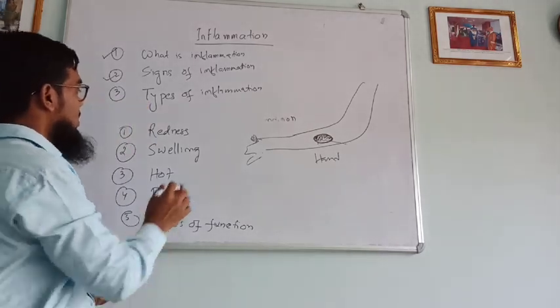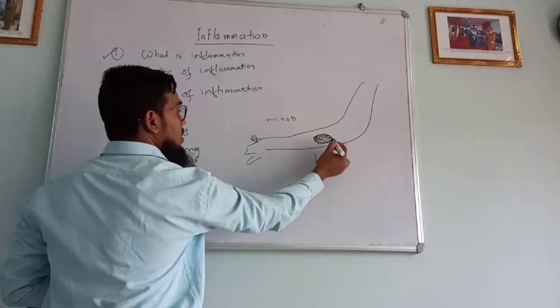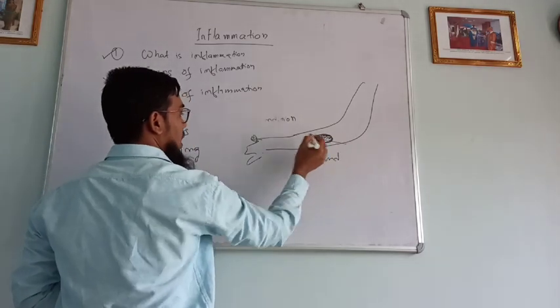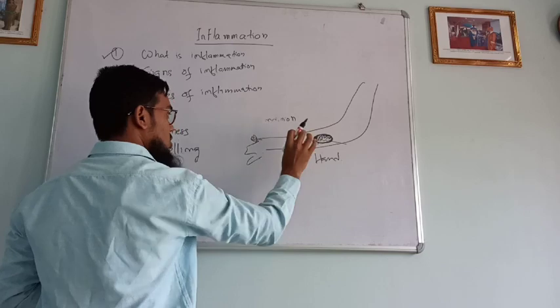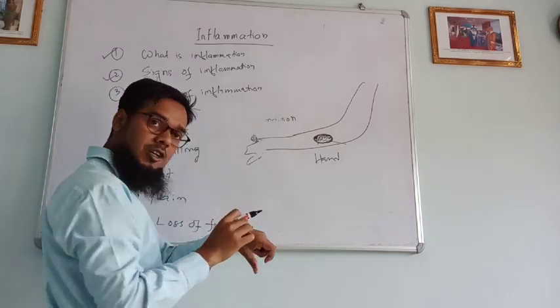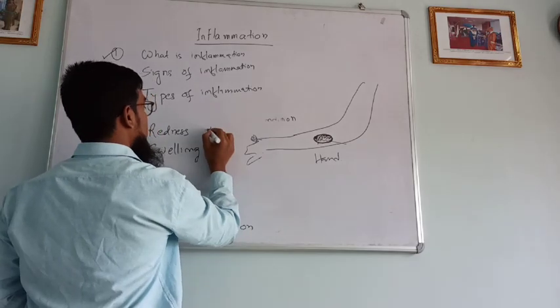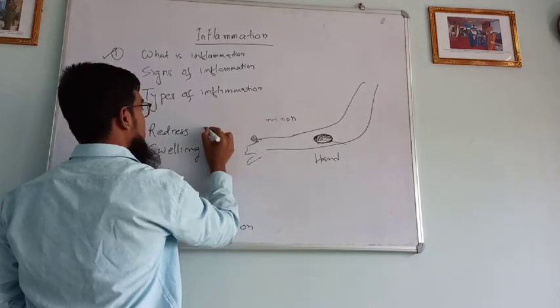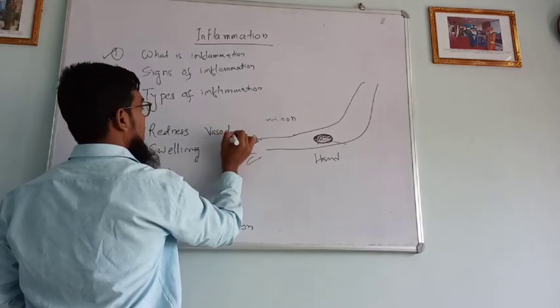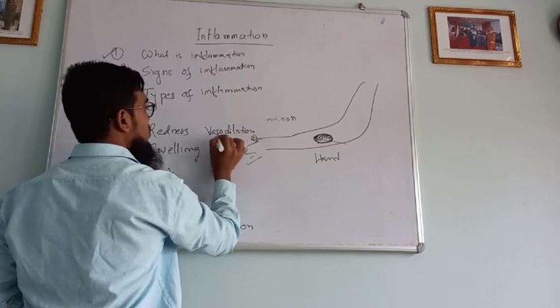Why does the redness occur? When any inflammation occurs in that position due to any injury or any infection, vasodilation will occur. Vasodilation means what?